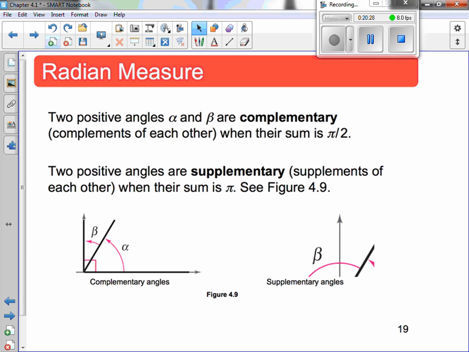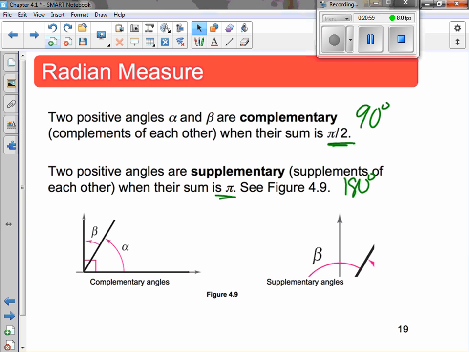Now, two positive angles, alpha and beta, are complementary, complements of each other, when their sum is pi over 2. Well, we talked about this in geometry. Complementary angles add up to be 90. Supplementary add up to be 180. So pi over 2 is 90 degrees and pi is 180.